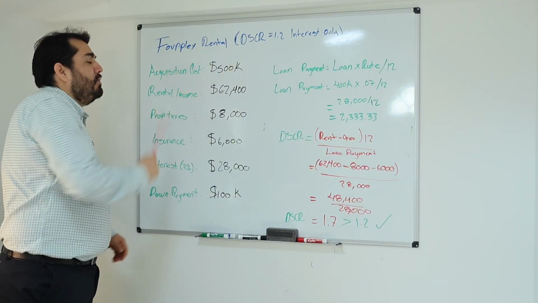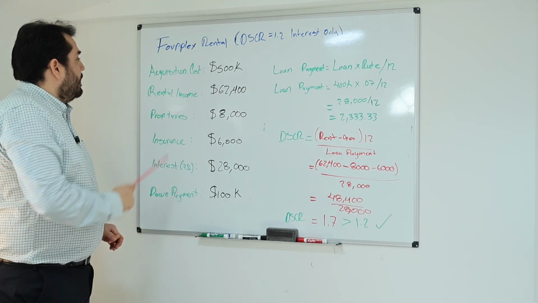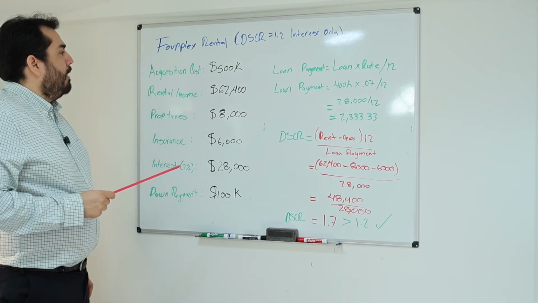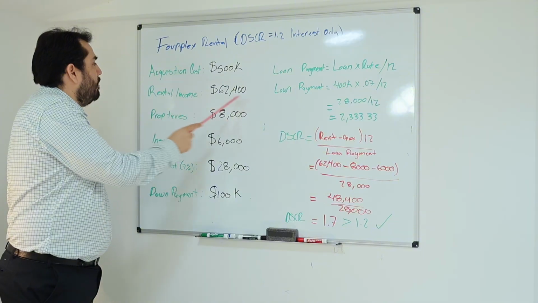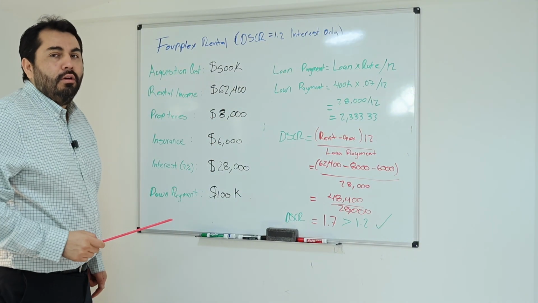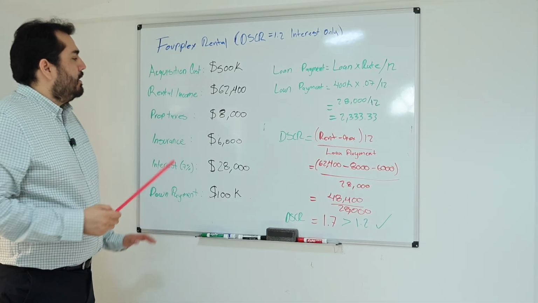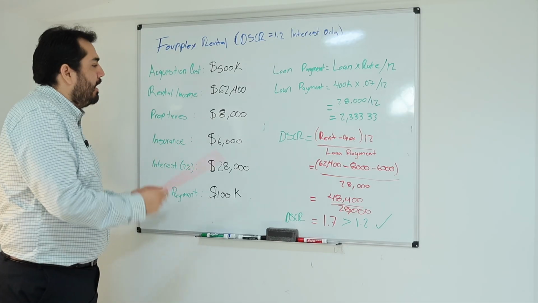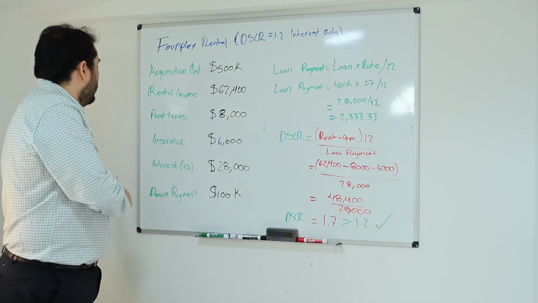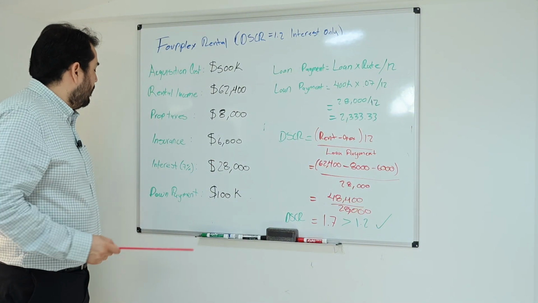So the acquisition cost of this fourplex will be $500,000, and the rental income will be around 12 months. So we will have an annual income of about $62,000 a year. And the property taxes, at least here in Texas, will be around $8,000. The insurance cost will be around $6,000.